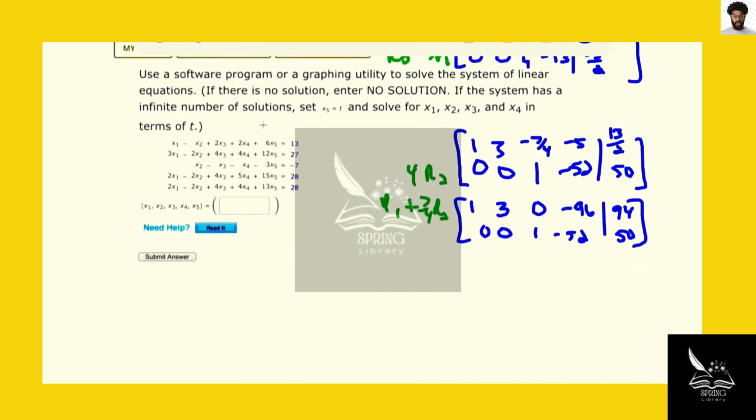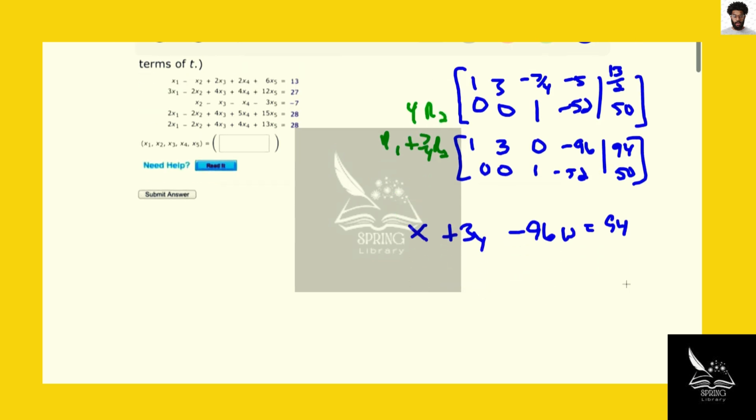This would mean using x, y, z, and w that from the first row, x plus 3y minus 96w equals 94. And from the second equation, z minus 52w equals 50.